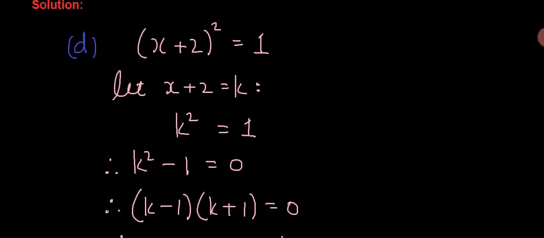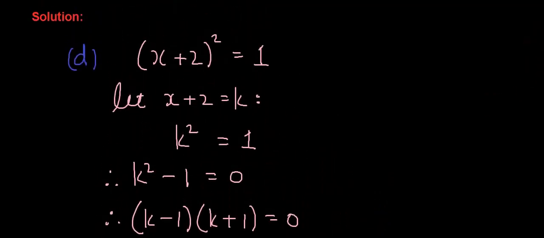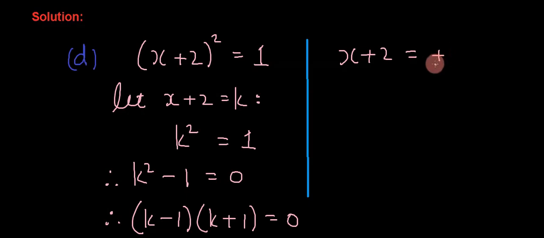Let's look at the alternative way. So the alternative way is simpler. Basically, we can take the square root on the right-hand side. So x plus 2 is plus or minus the square root of 1. And the square root of 1, of course, is 1.